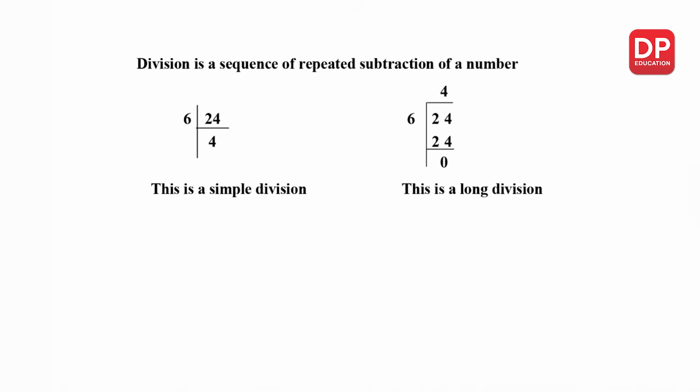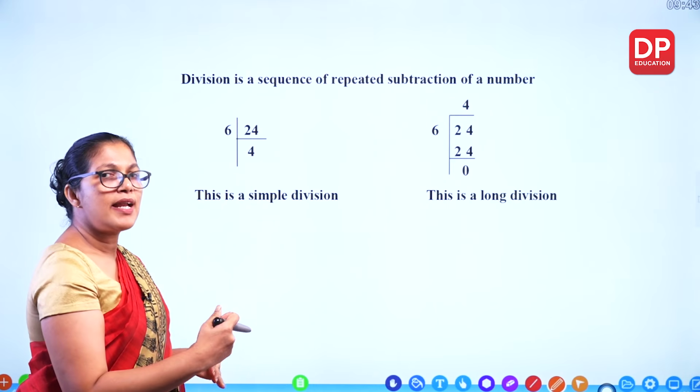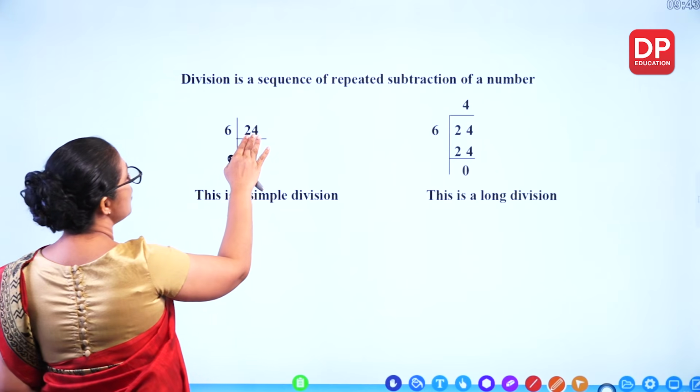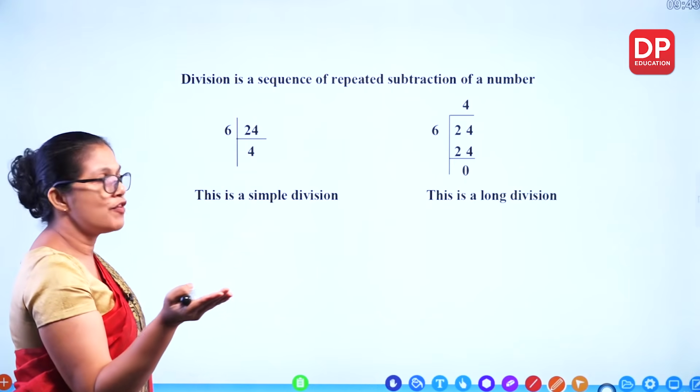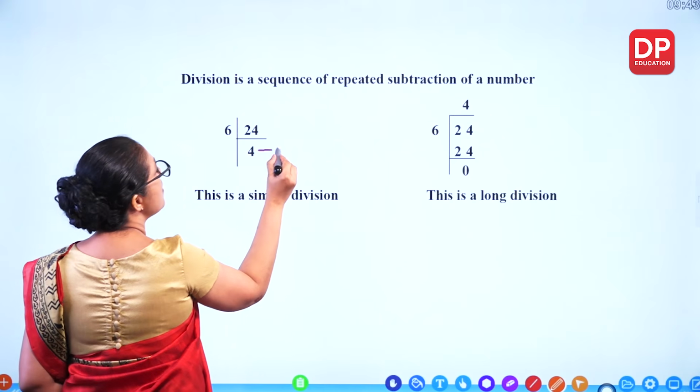So division is a sequence of repeated subtraction. So we can see that without subtracting separately, you can straight away divide. So the same question we can do, 24 divided by 6, this way. We call this simple division. 24, 6 you get 4 and the remainder is 0.